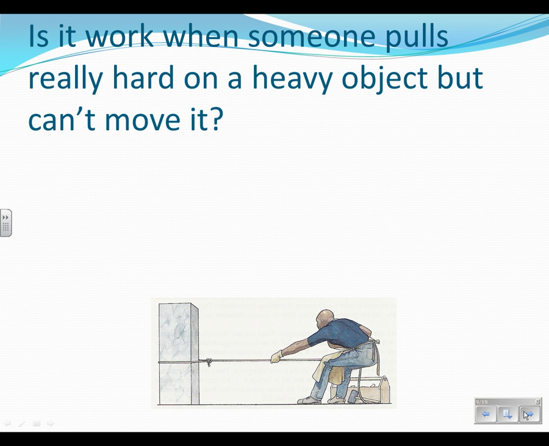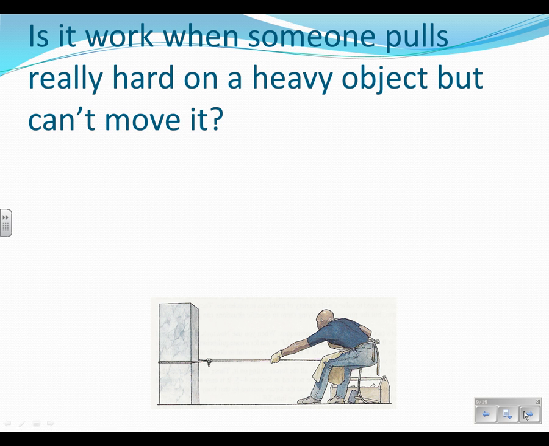In this case, the reason there's no work being done on it is because his force is not the only force acting on that object. So he is not doing work on that object because his force does not cause its energy to change.